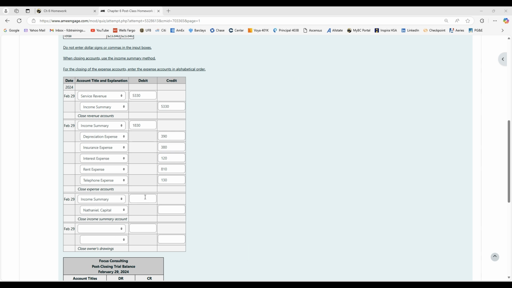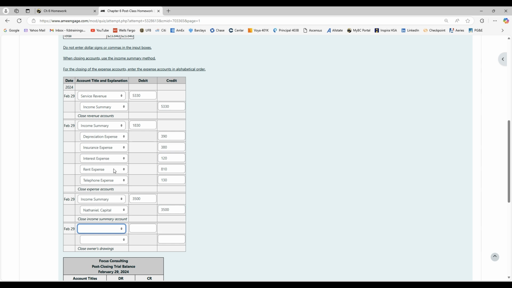And that's 3,500. So if you look up at the accounts above, we've got the credit for income summary and the debit, and now we need another debit to make sure they balance out. 1,830 plus 3,500 equals 5,330, so that balances. The other side of that transaction will be capital, so the whole process moves these amounts into capital.